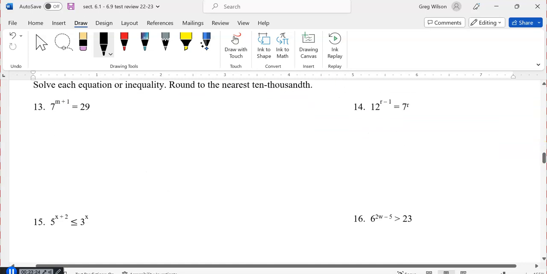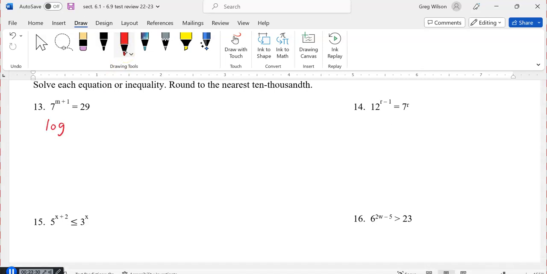All right, these are exponential equations, and so for exponential equations, we need to turn them into log. I'm going to do log on both sides. I'll do the power property on the left side, since there is no exponent on the right.